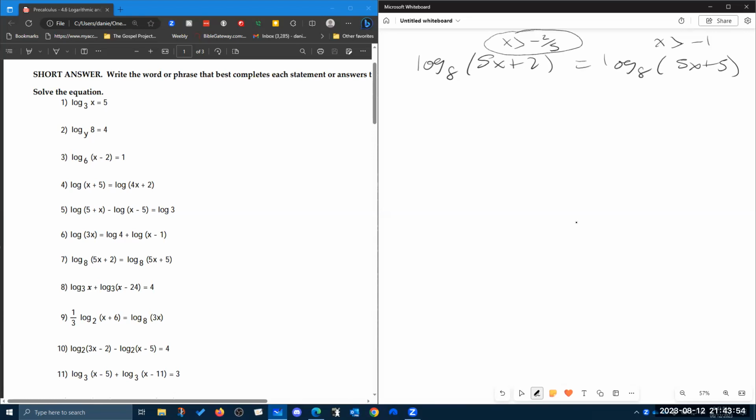Negative 2/5 is bigger than negative 1, so I'm going to go with that. If I drop the log base 8s, the one-to-one property, 5x plus 2 equals 5x plus 5. And I have a problem because when I subtract the 5x's from both sides, 2 equals 5. There's no solution here. It's never going to work.